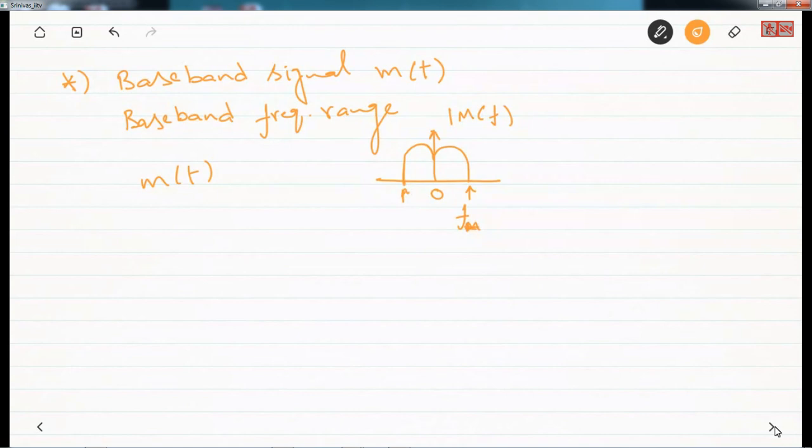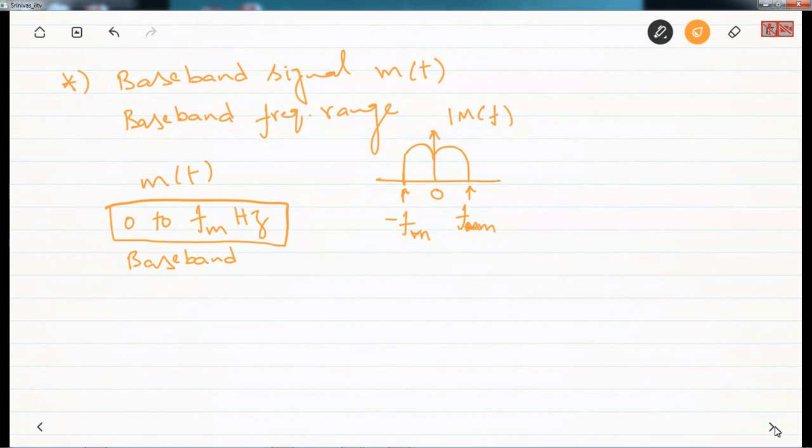This frequency range 0 to fm is called the baseband bandwidth, or the frequency range of the baseband signal. So 0 hertz to fm hertz is called the baseband frequency range. Simply baseband we call it, and m of t is called the baseband signal.